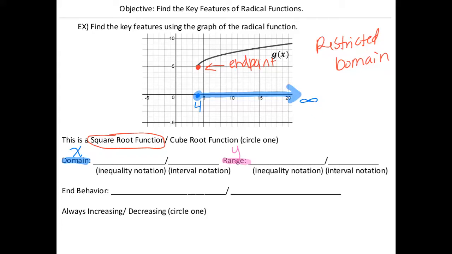Okay. So for inequality notation, that's the less than or greater than. Are these x values right here, this is 5, 10, 15, 20, 25, 30, 100, whatever. Are all these values greater than 4 or less than 4? Greater than 4, right? So it's all the x values greater than, but also equal to, because it's a closed circle, x greater than or equal to 4.